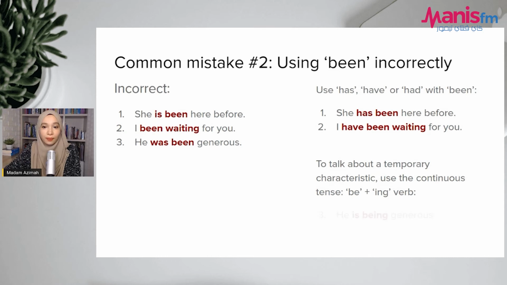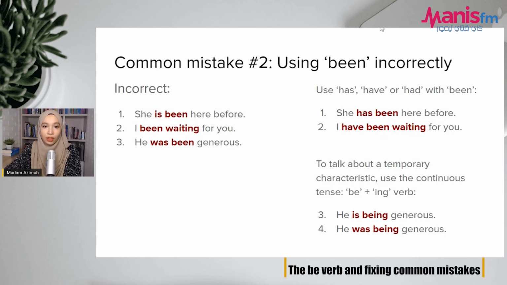So it would be he is being generous, or he was being generous, depending on, are you talking about he's being generous right now or he was being generous before? Okay? So not he was been. Was doesn't belong with been. It should be being. All right.